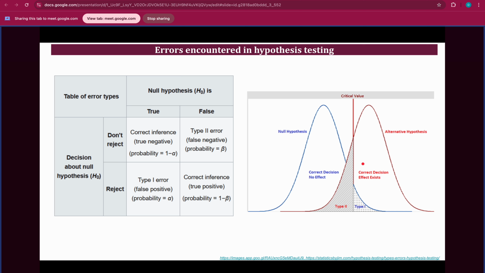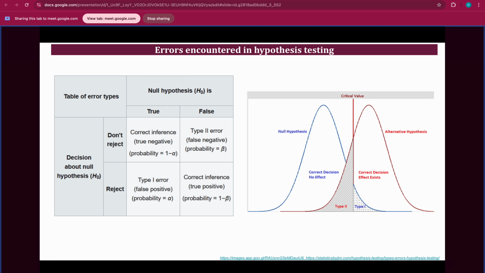Now what can happen is that in certain scenarios both of them could overlap on one another, and there is a critical value, which is kind of alpha, which we decide is the significance value. If anything lies above this alpha, then I will accept my alternate hypothesis and reject the null hypothesis. But if the value is below the critical value, then I cannot reject the null hypothesis.